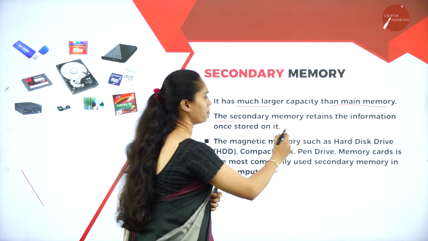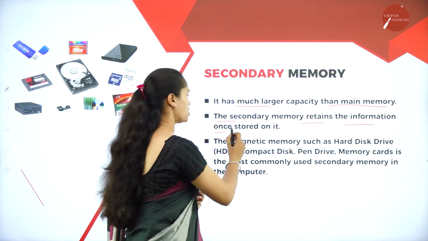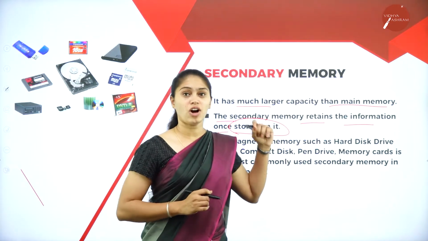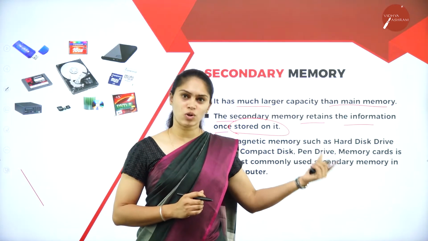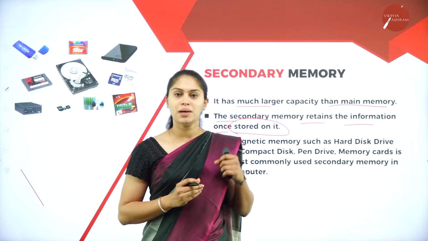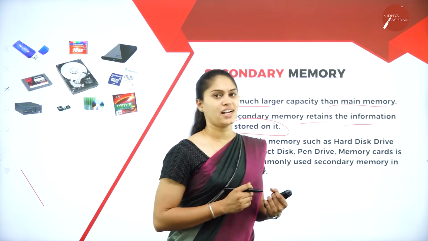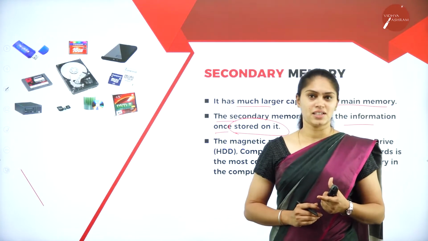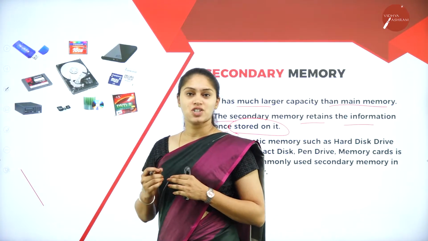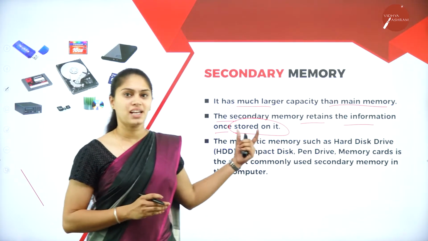So this secondary memory is going to retain the information once stored on it. So what is it going to do? It is non-volatile in nature. Whether it is volatile or non-volatile, it must be non-volatile in nature, because it is going to hold the data and instruction permanently, which is not required for the immediate processing. That data and instruction will be stored in the secondary memory.